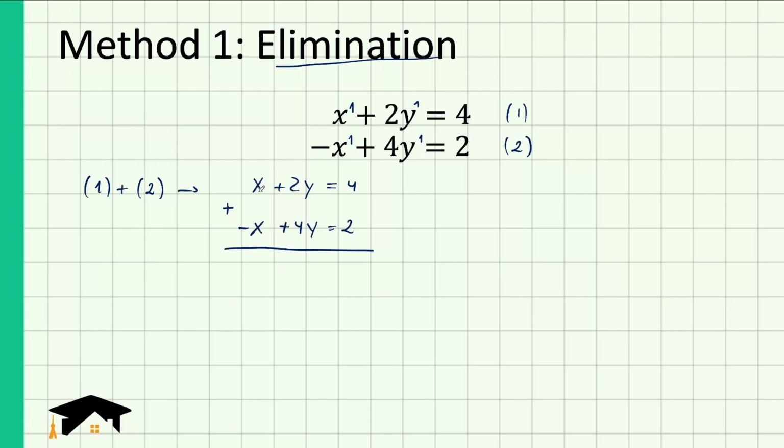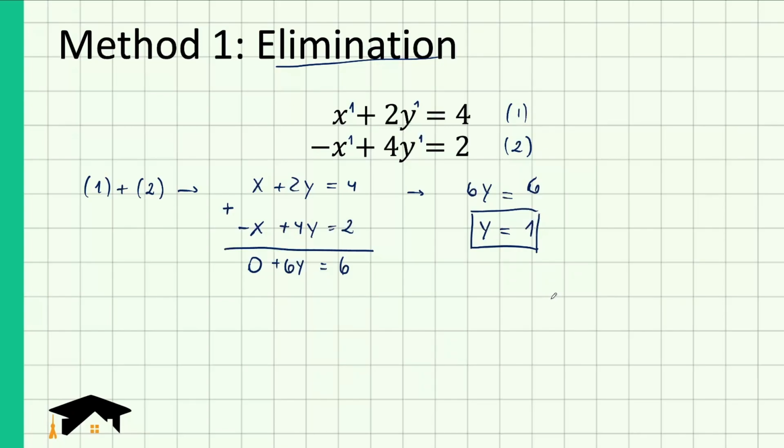And this gives us x minus x, which is 0. 2y plus 4y is 6y. And then 4 plus 2 is 6. So I have now that 6y is equal to 6. And so dividing by 6, we get that y is equal to 1.